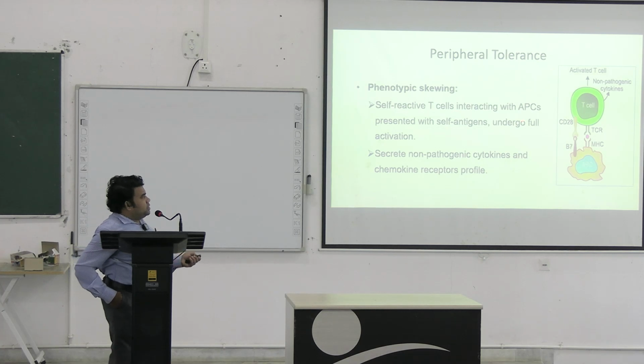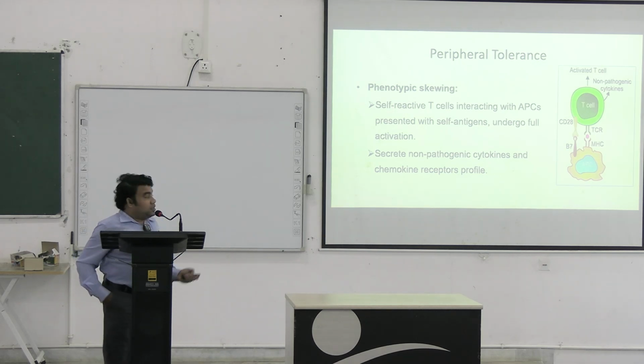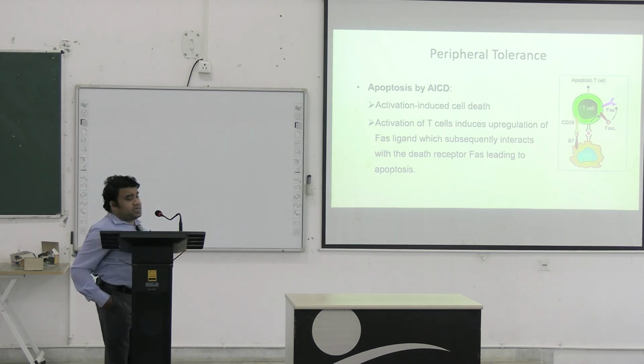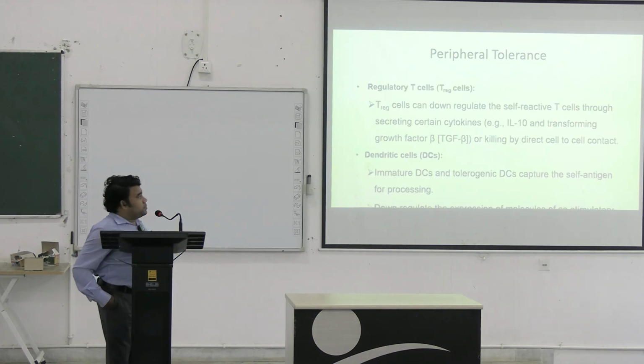Self-reactive T cells interacting with antigen presenting cells which present self-antigens undergo full activation. However, non-pathogenic cytokines and chemokines will not activate the cells. Next would be apoptosis. This is mediated by activation induced cell death. The Fas ligands will be activated and will cause apoptosis.